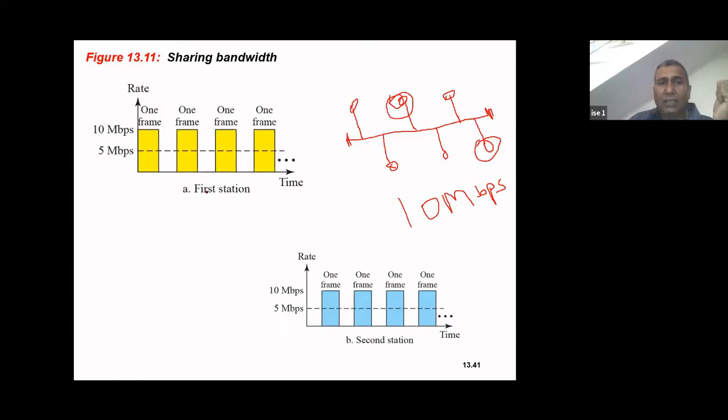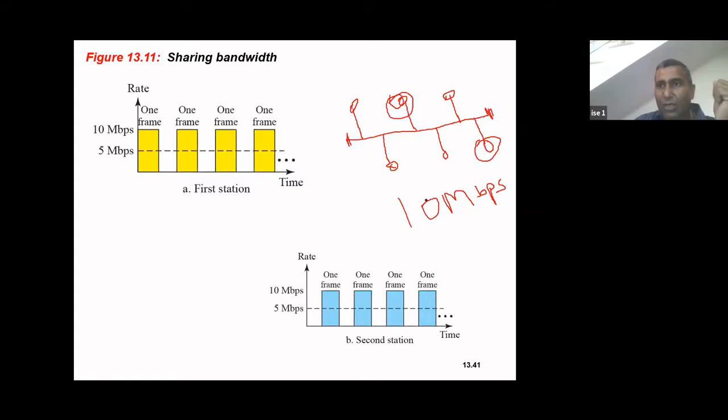Okay. So during this gap, the other frame is released by the other station. This station will release its frame, and then next this one is released. The first station releases the frame, and then the second station releases the frame. So during the gap time, the stations are releasing their frames.